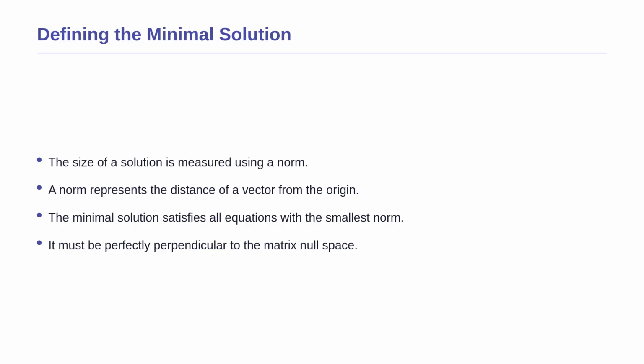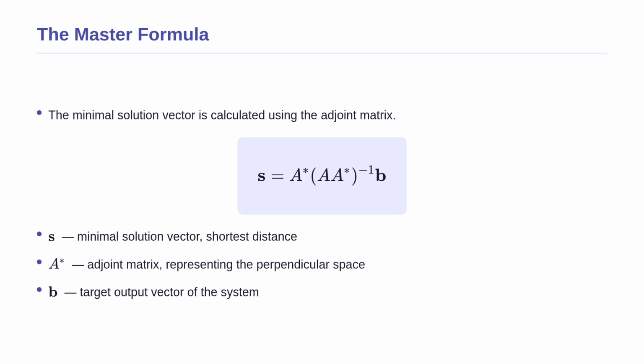To keep our solution as short as possible, it must have absolutely no parts pointing in the direction of the null space. This means our minimal solution must be perfectly perpendicular, striking at a 90-degree angle to the entire null space.